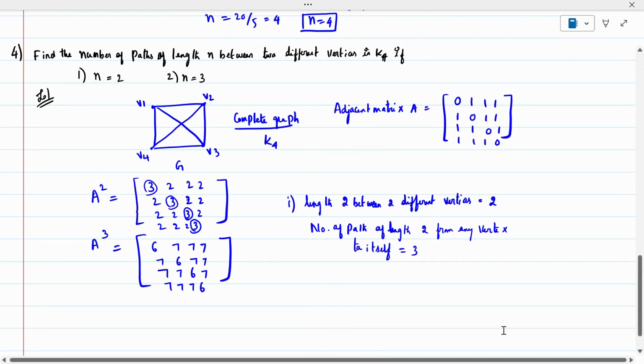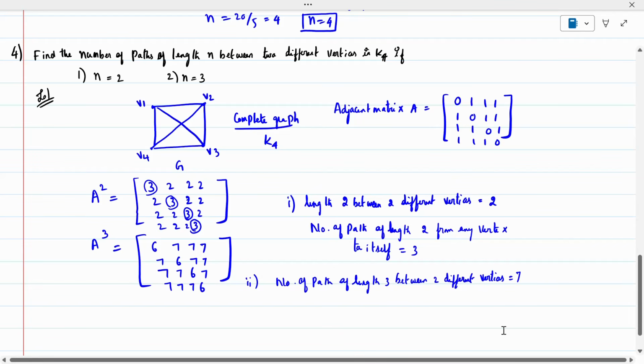Okay, so completed. For the second subdivision, the same way: the number of paths of length 3 between two different vertices is nothing but 7.